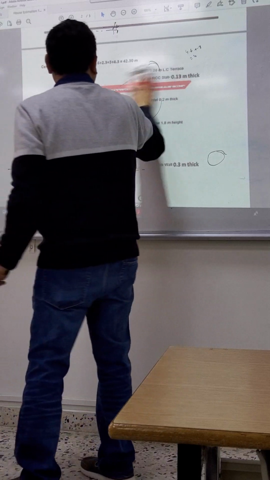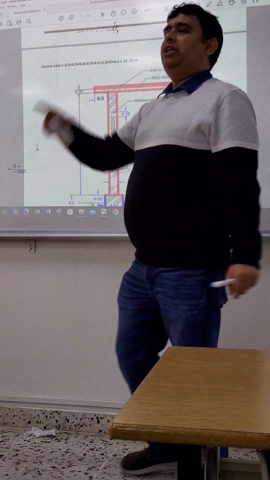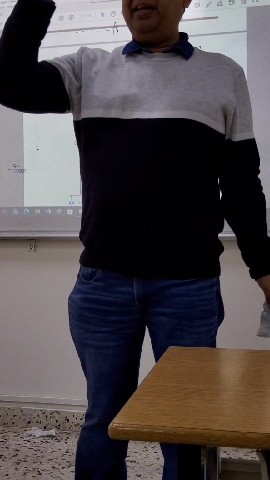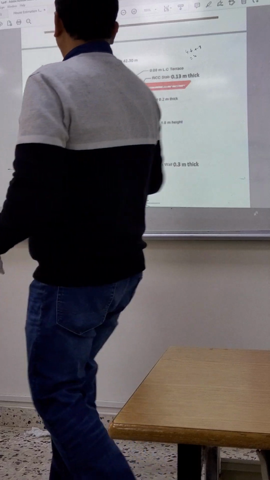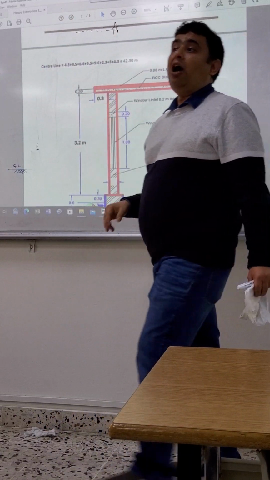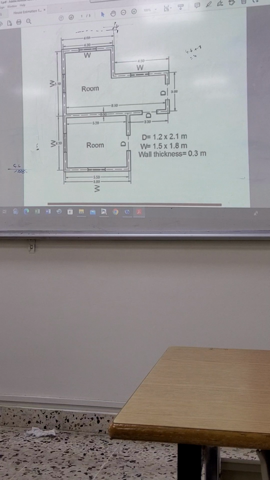RCC is very easy. What you have to do is find out the total area and multiply it by the thickness of the slab. The thickness of the slab is 0.3, given. And how will you calculate the area? Area of the room length. Yes, this is your room.